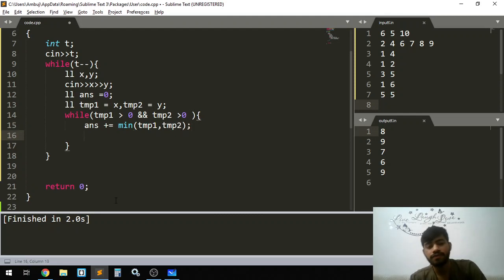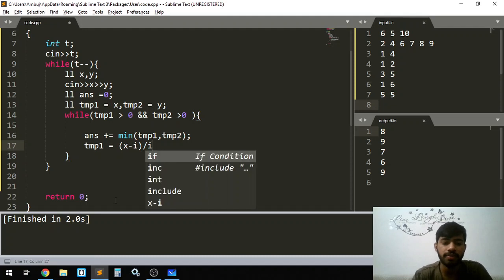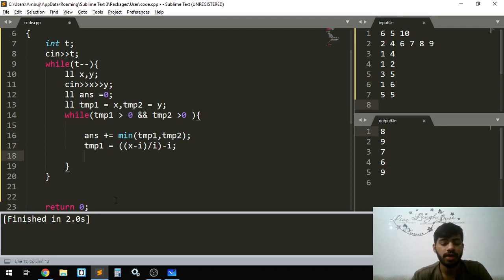After this we need to change temp1 and temp2. Temp1 will be changed to x minus i minus i, because it is x. I didn't declare i till now. It's just the same thing, and temp2 will become y minus i.